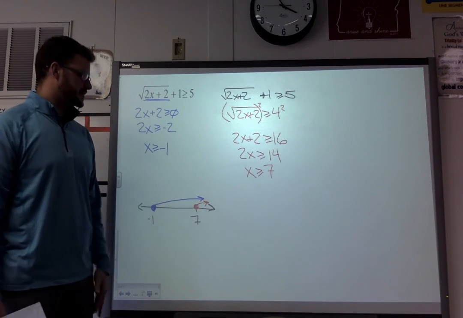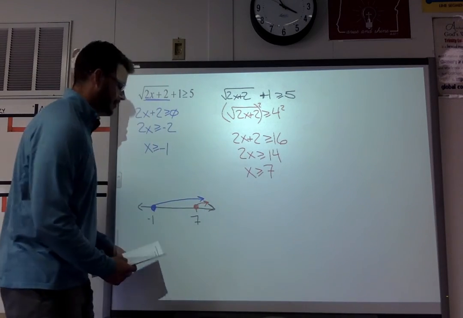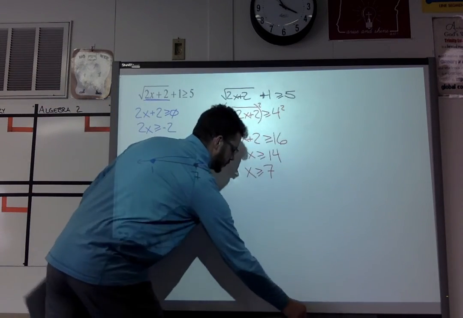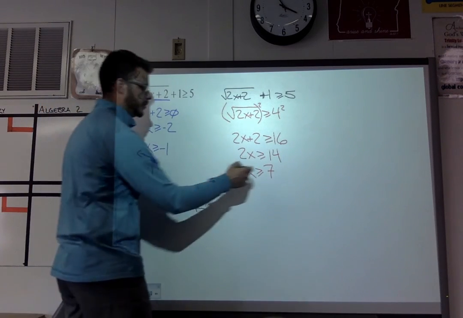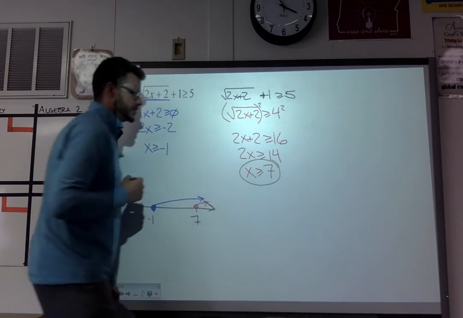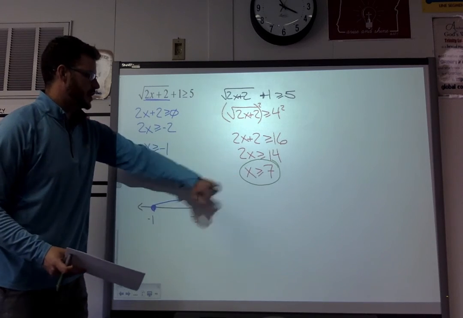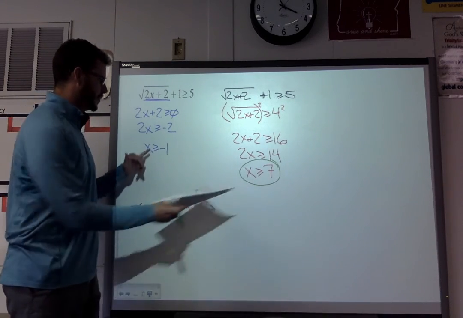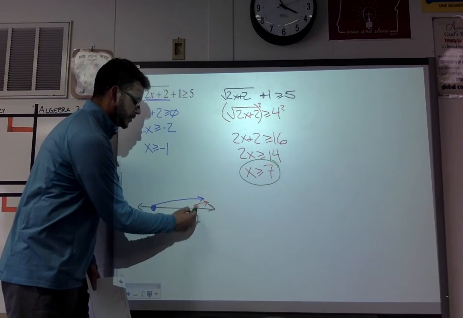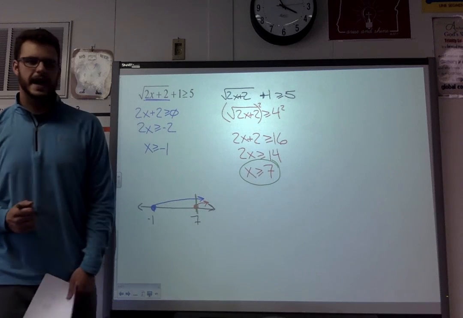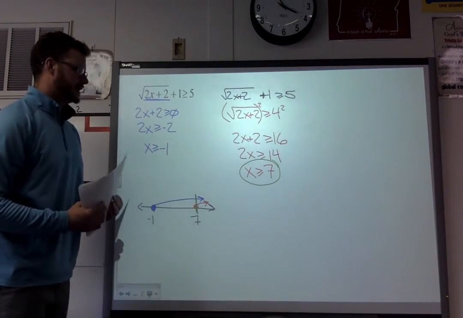So the only place that both expressions are true is starting at 7 and moving to the right. So on this one, we can actually forget about the x is greater than or equal to negative 1. And we can just state for our solution that x has to be greater than or equal to 7 because that is what makes both of these solutions true. It has to be the area where both of these happen. So that is solving radical inequalities.